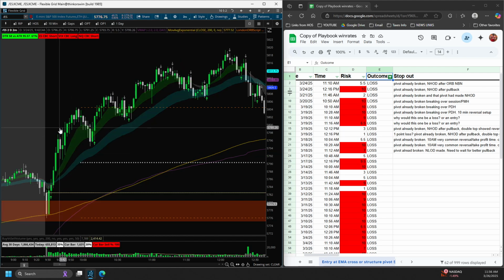I don't know if I would count this as a pullback, because I highly doubt the 2 minute 9 was anywhere near here before this surge up, and it probably got pulled up. But this is for sure a pullback. 1, 2, 3. Now you have 4, and this was where you had your first failed trade.